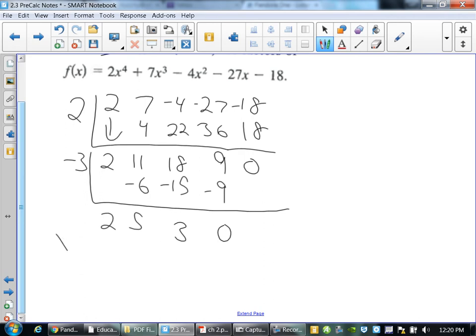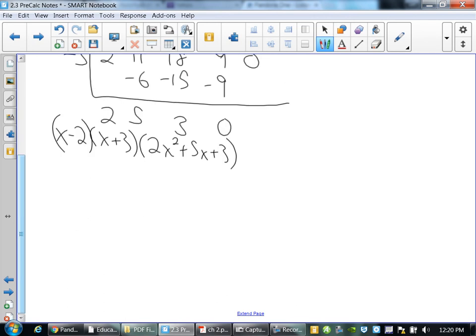So right now that tells you that you have x minus 2, x plus 3, and 2x squared plus 5x plus 3. And that last term is broken down into a trinomial, a quadratic, which you should be able to factor by hand. What times what is 6 that they add together to get 5? 2 and 3.